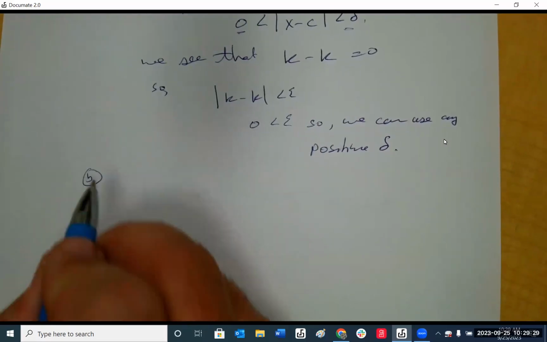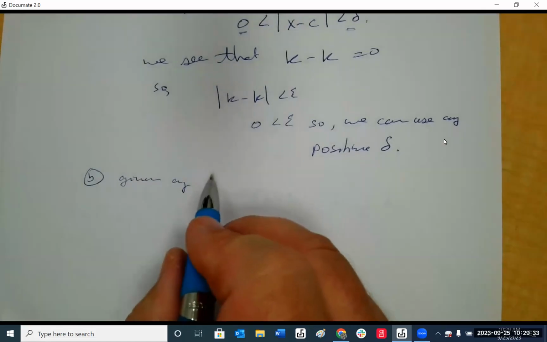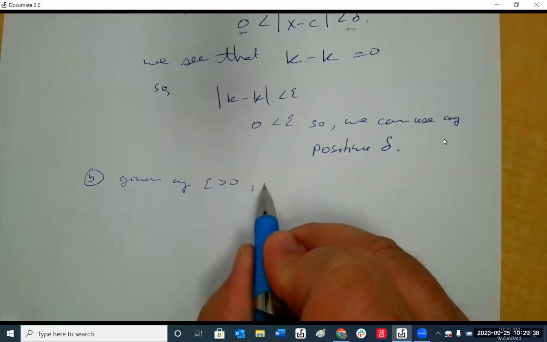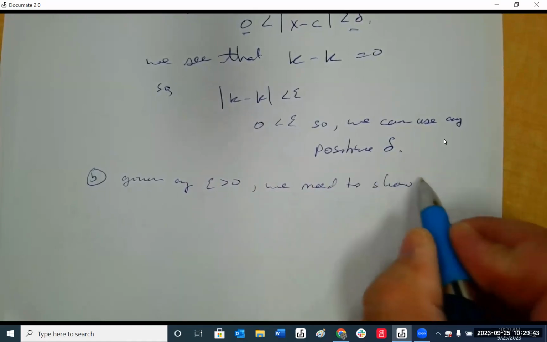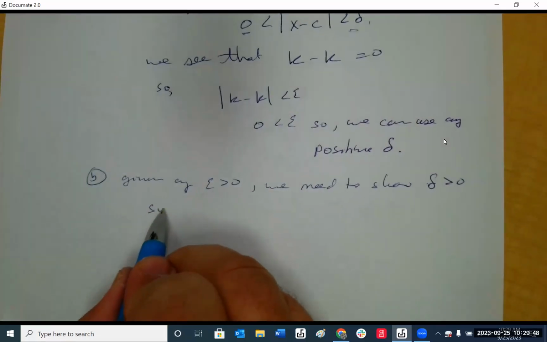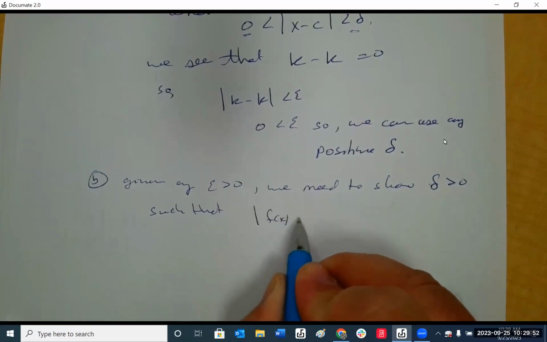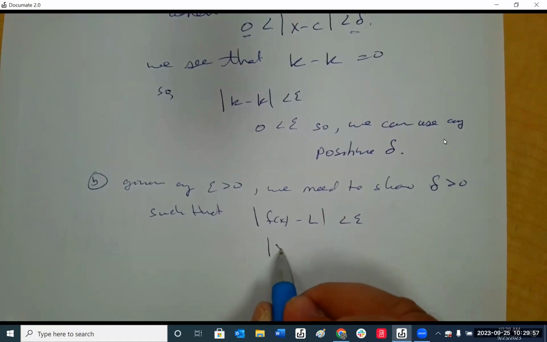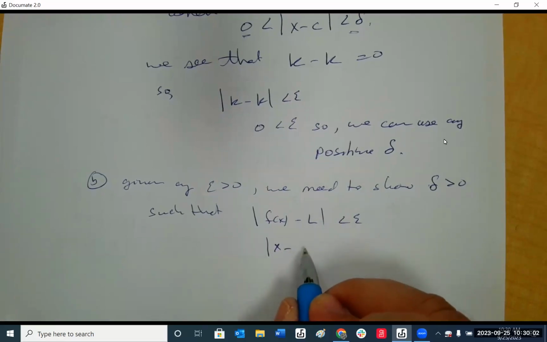So for B, again, given any epsilon greater than 0, we need to show there is a delta such that absolute value of f of x minus L is less than epsilon. So our function is x minus c.